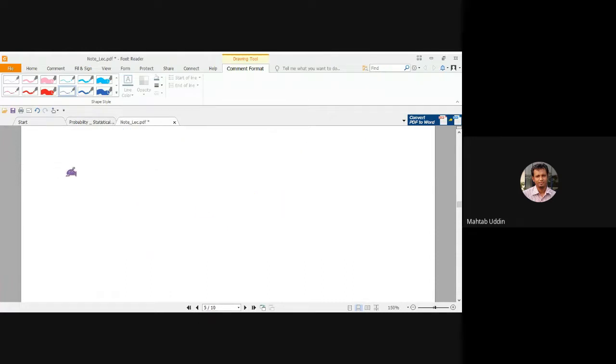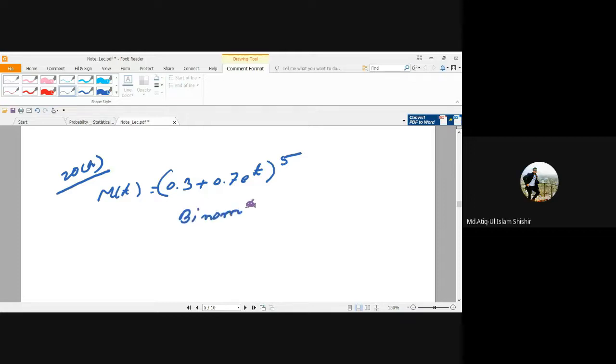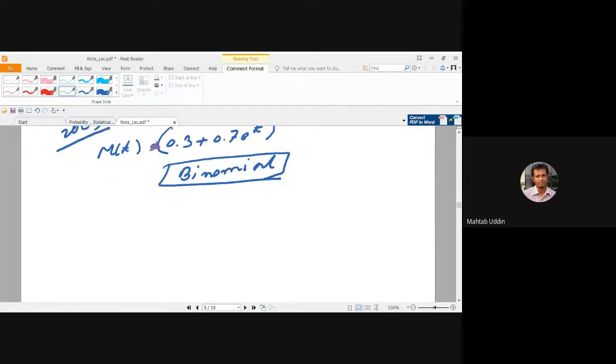20A. M(t) is given as (0.3 plus 0.7 e to the t) whole to the power 5. This is what? This is binomial distribution. Okay, this is from binomial distribution, and we get from here p is 0.7, q is 0.3, n is 5.